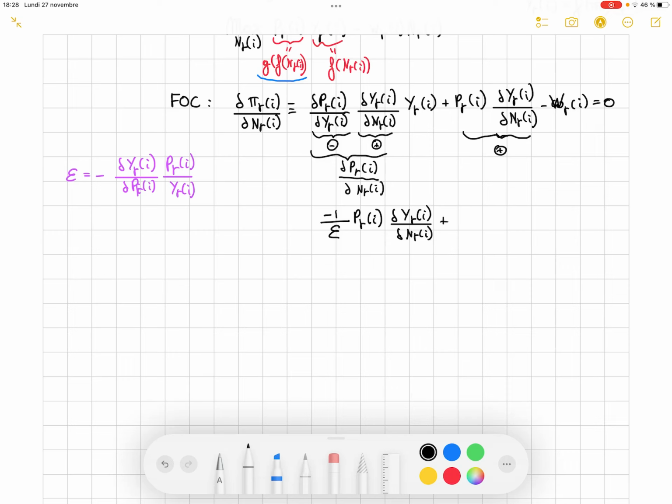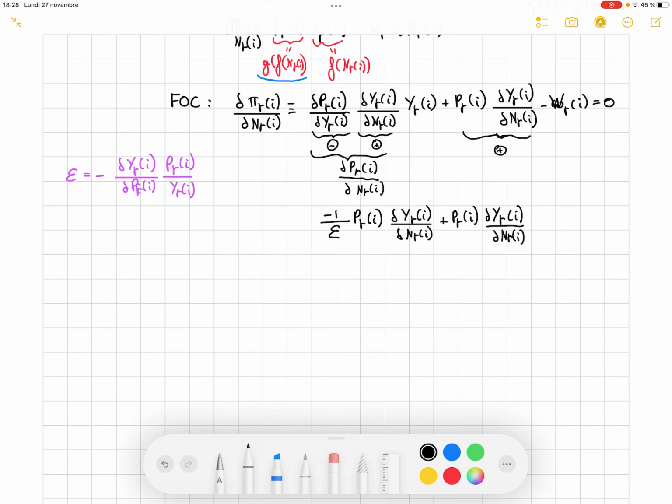Plus basically the level of price multiplied by the derivative here of the production by the labor.